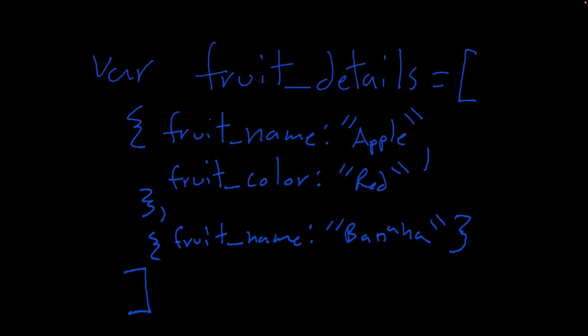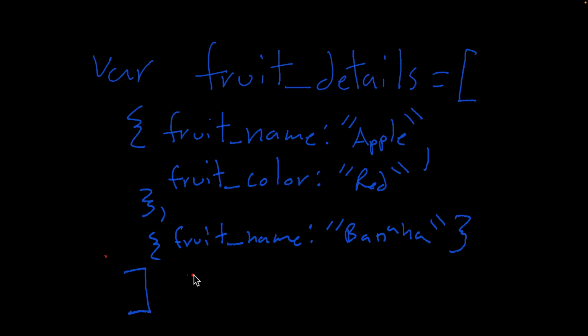So I want to console log the first fruit name here in this fruit details array. Who can give me an idea of how to do it? Doesn't matter if it's right. You guys are feeling pretty bold and courageous today, huh? Okay, we got one. Alan says, fruit details at 0 dot fruit name.